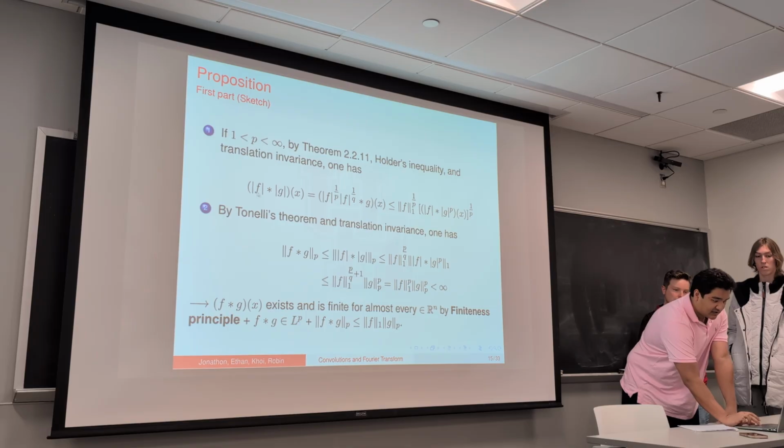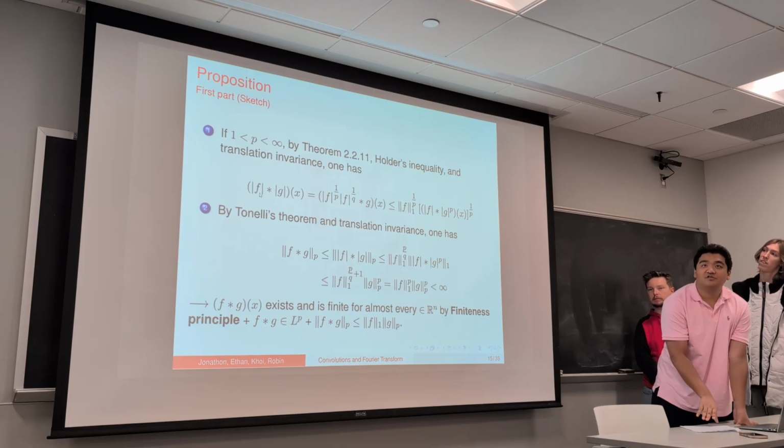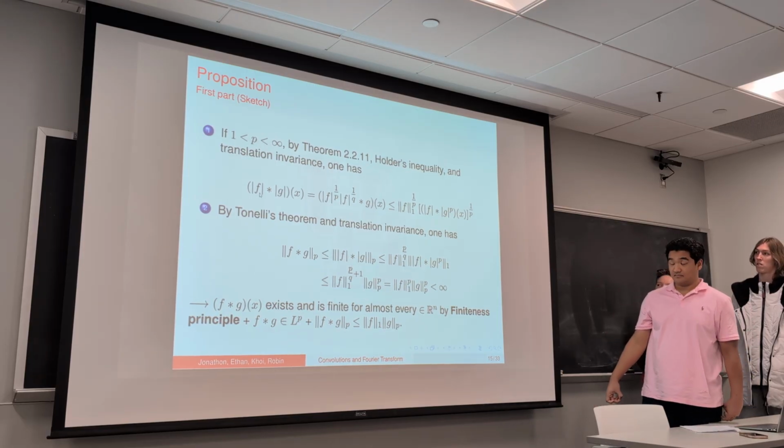So we have that the convolution of the absolute values of each function is going to be greater than the absolute value of the convolution.